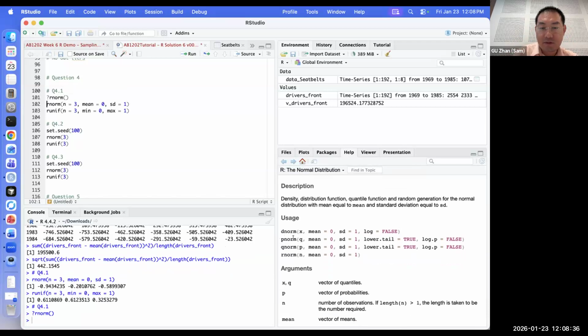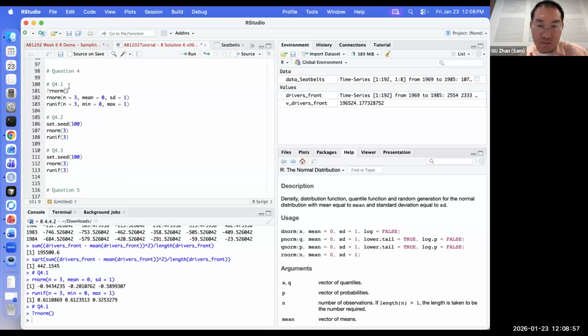Sorry, pnorm gets the probability based on the quantile or Z score. Then qnorm is the inverse function, getting the Z score based on the probability.